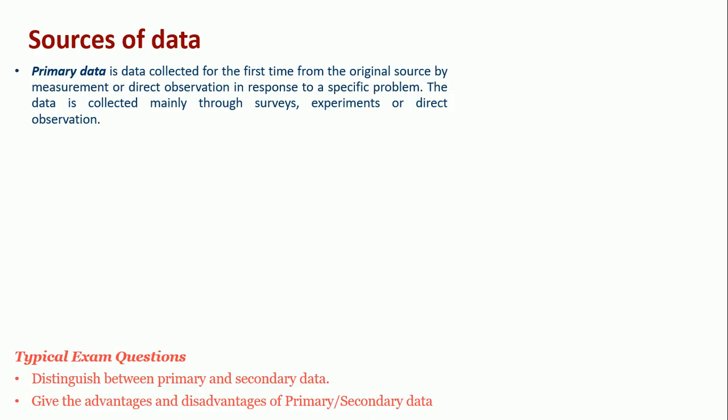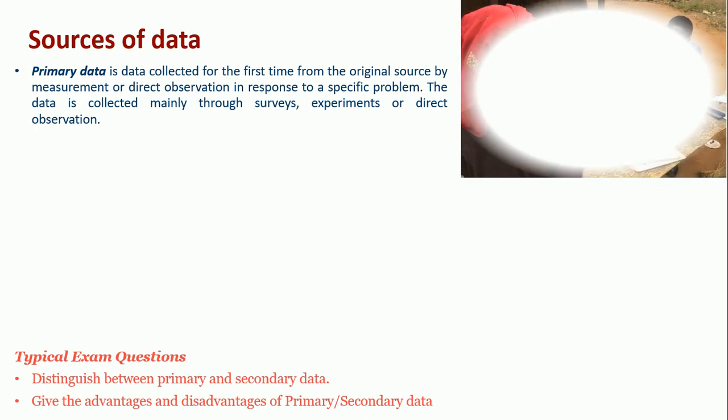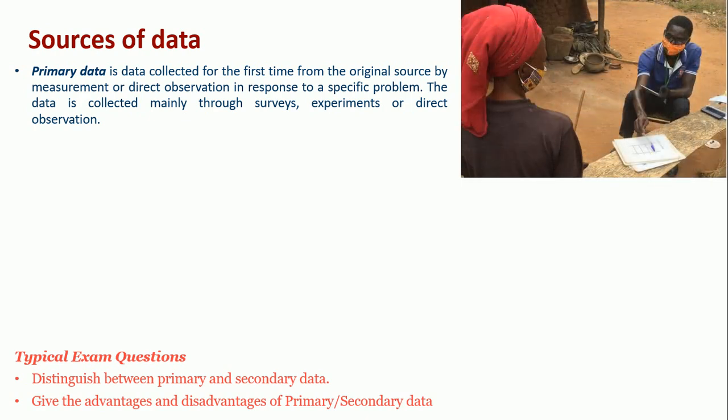So primary data is data which is collected for the first time by the researcher for the purpose of the response. Like here we are seeing that there's an enumerator who's collecting data using something which is looking like a questionnaire or a form. So this is how primary data is collected.